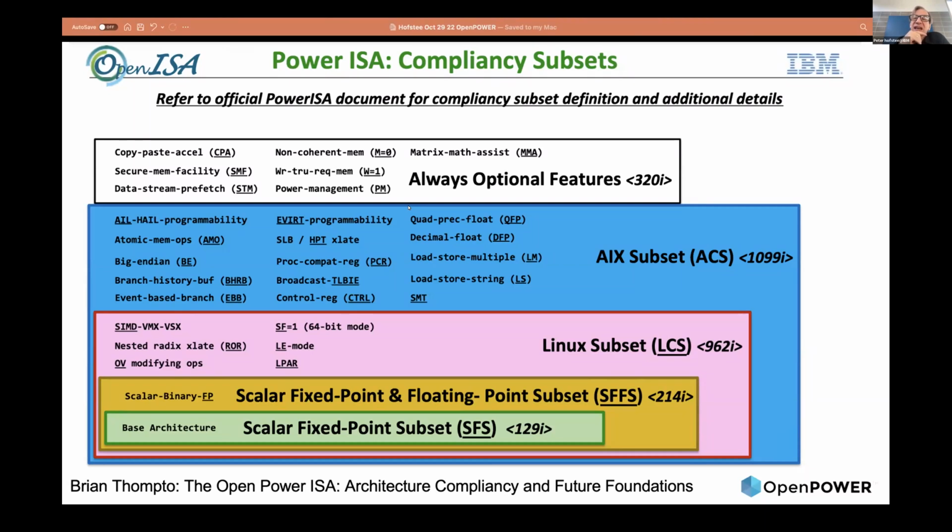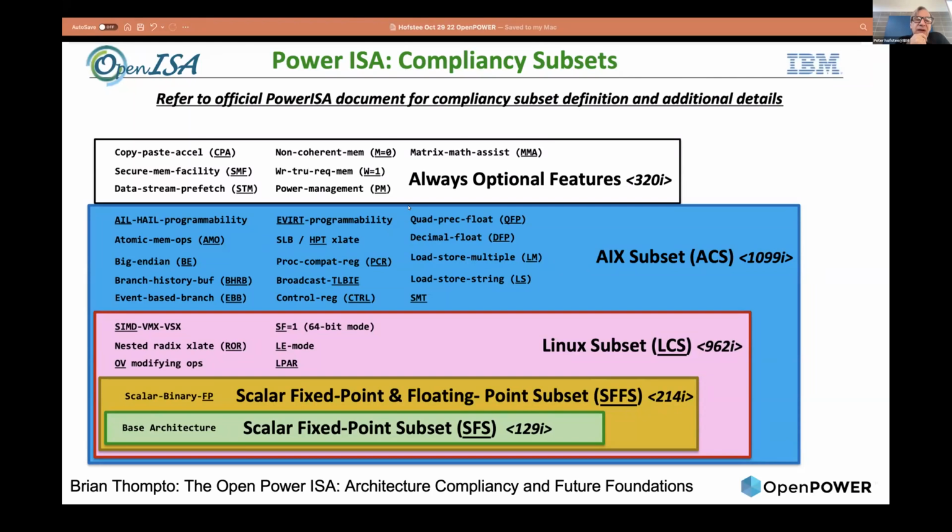Actually, within the AIX subset is a 128-bit quad precision float format. String type instructions, load store string instructions. Some more things that are specific to optimizations in AIX for address translation, a broadcast TLBIE, and other translation related things.